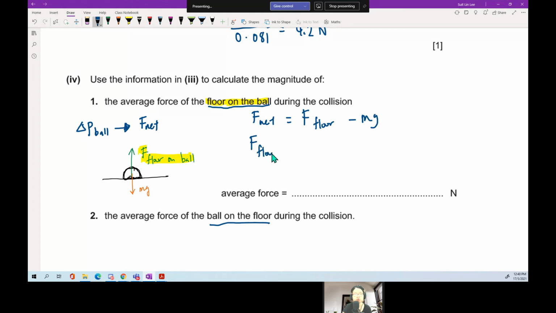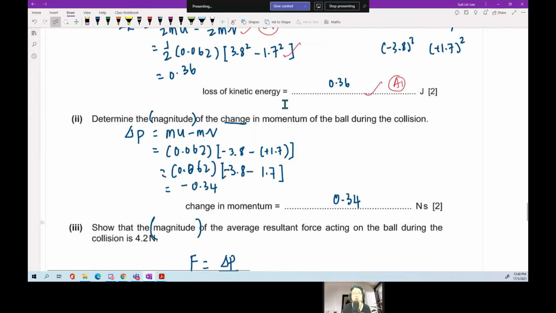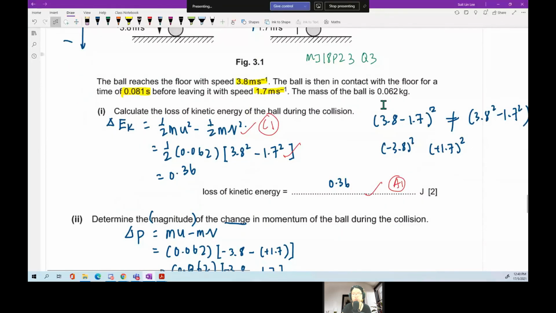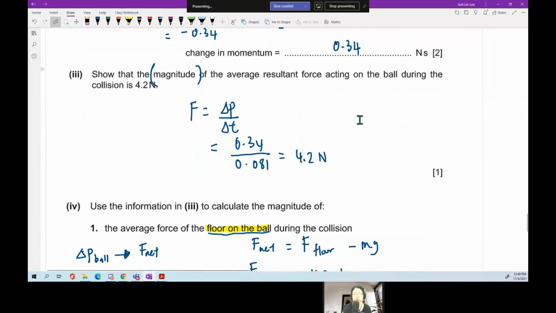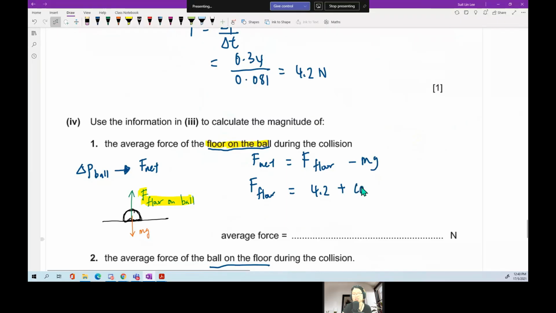So the force of the floor is equal to net force, which is 4.2, plus mg. Do we have mg, guys? We have the mass, 0.062, times 9.81, plus 4.2. It looks like 4.81, or I guess 4.8 is enough.